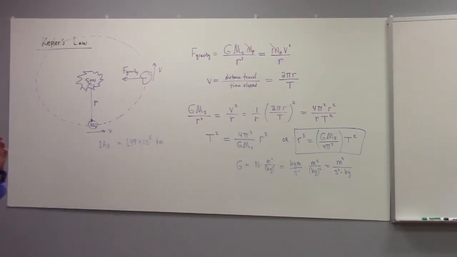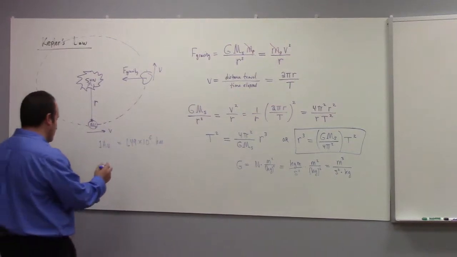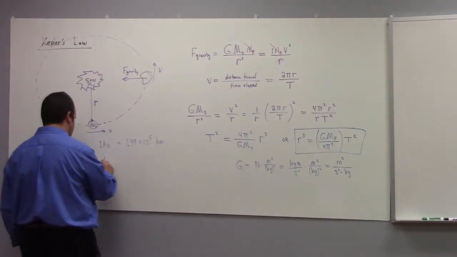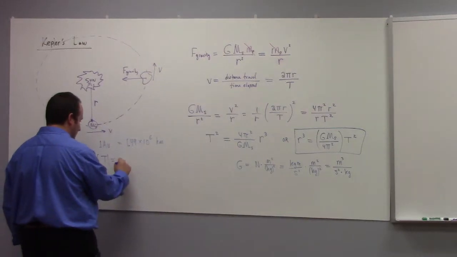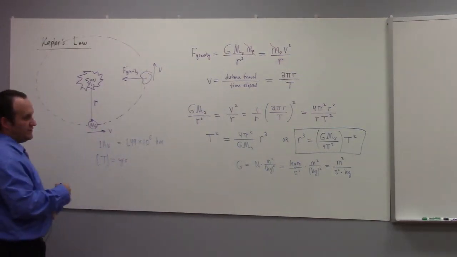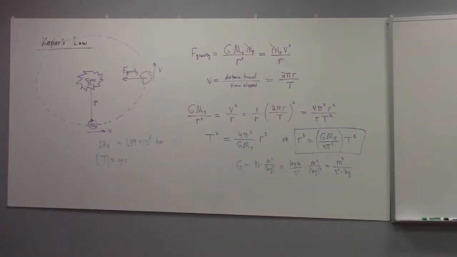So if we use astronomical units and we use years, if we use the unit of t in years, then what's the value for G times the mass of the sun divided by 4 pi squared?